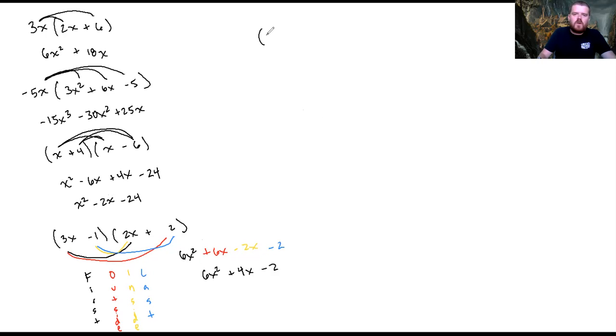So if I give you, let's say, a binomial times a trinomial, then there should be 6 terms before we simplify. You can use distribution like we did here. You can try to do FOIL. It's really a matter of preference.